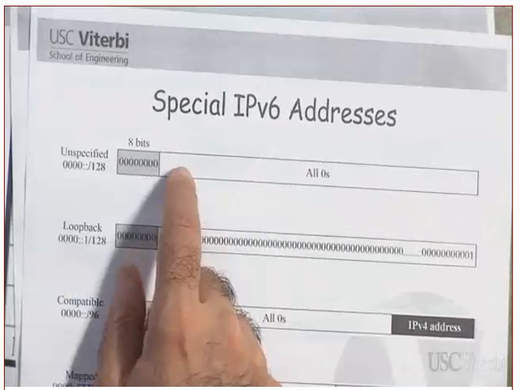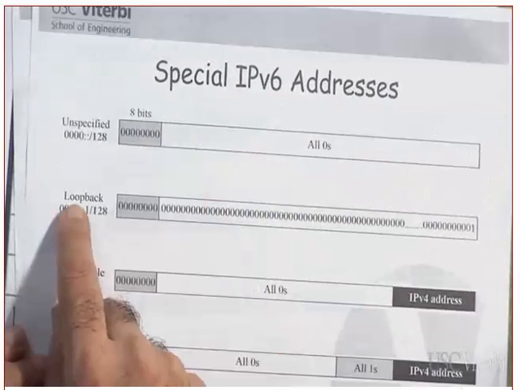You don't need a DHCP server to assign an IP address for you. Clear? You can use your MAC address as part of it, just copy it in here. Clear?